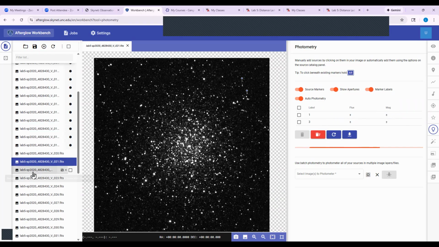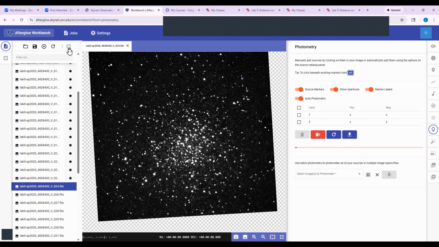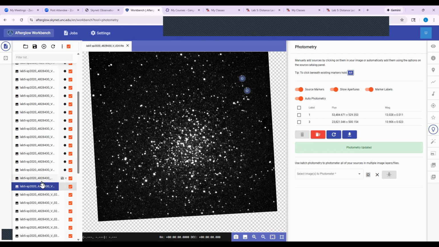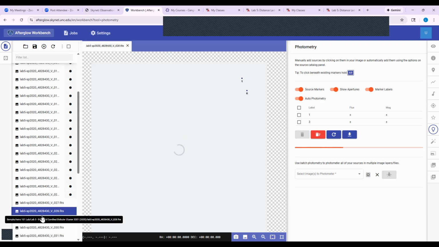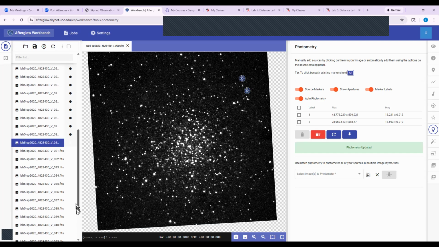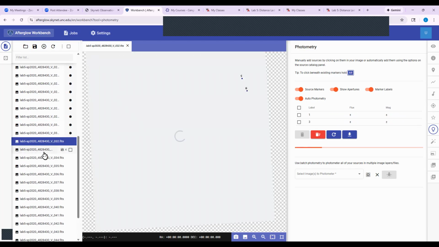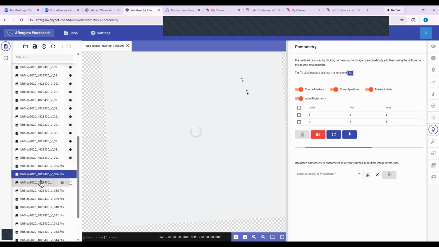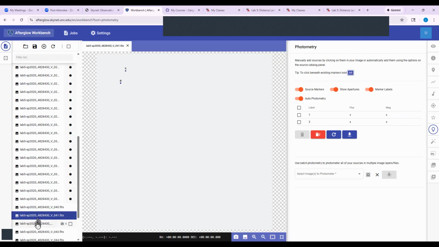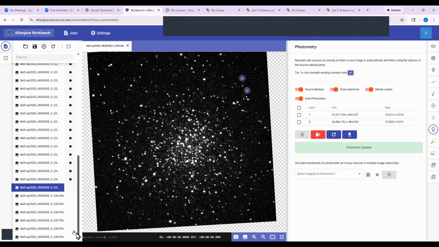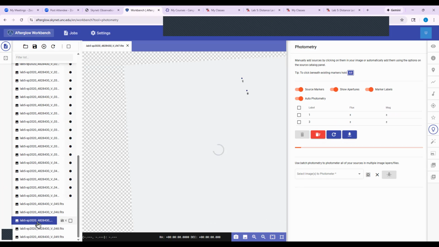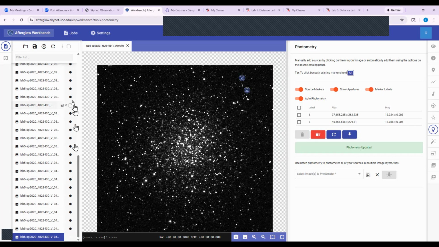Then you go through all of them. You can choose all of them directly from this one, but let me first click all of them and do it after that. I click all of them and identify all.